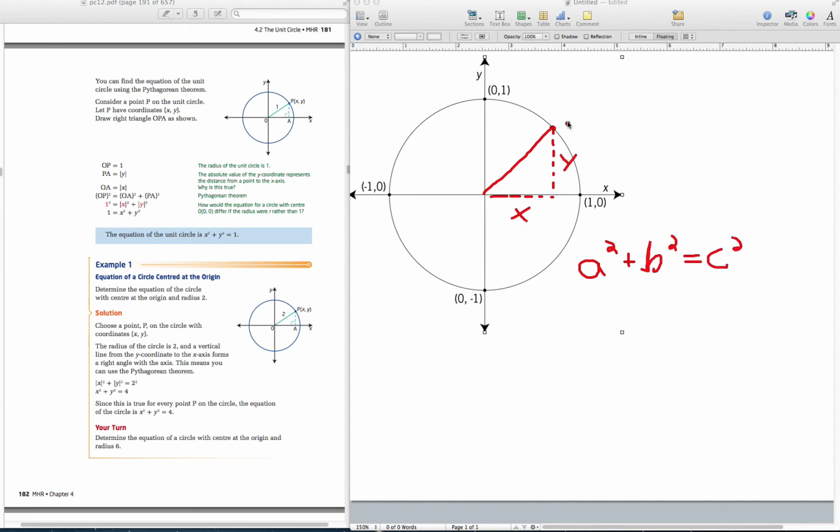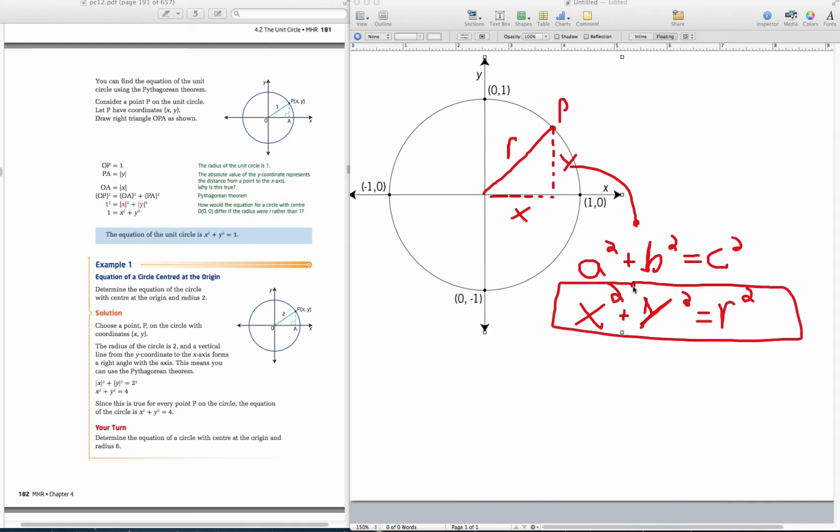So here, if this is my point, and I know that that arm is the radius, let's replace a with x, so that's x squared. Put y in for b, so that becomes y squared. And instead of c, it's going to wind up being my radius. So this is what we can now use to calculate where that point is.